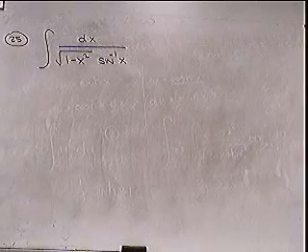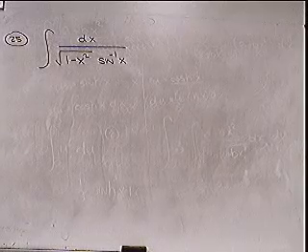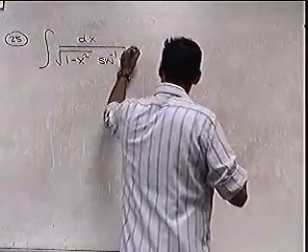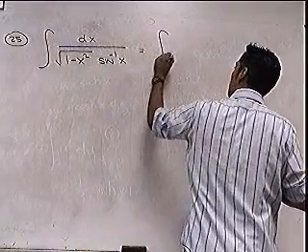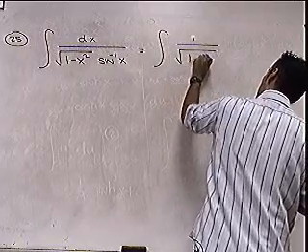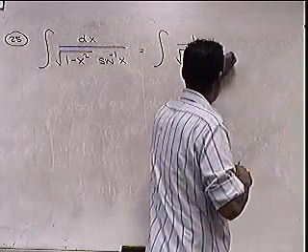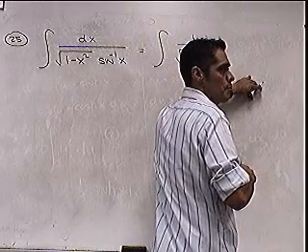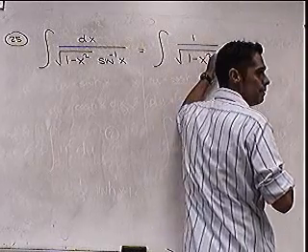How do you want to rewrite it? 1 over the square root of 1 minus x squared times 1 over sine. Dx over 1.